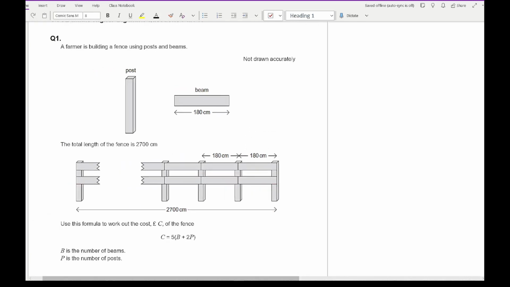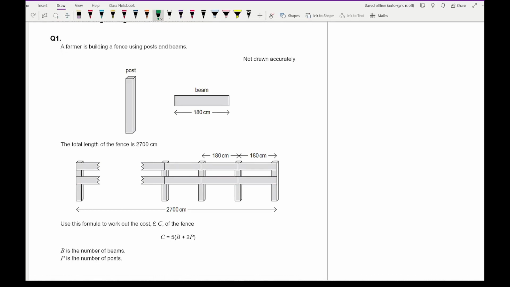The first thing we need to do with this question is establish how many beams and how many posts we are going to have for this fence. We know that the total fence is 2,700 centimeters, and that a beam is 180 centimeters long, and we've got a post at the very start and then posts at intervals of 180.